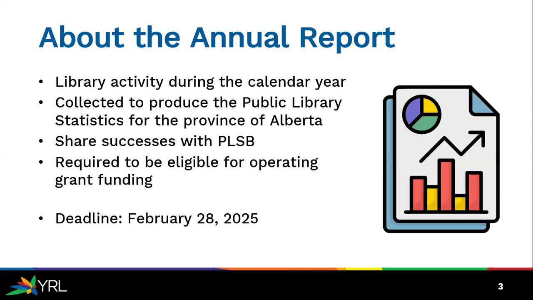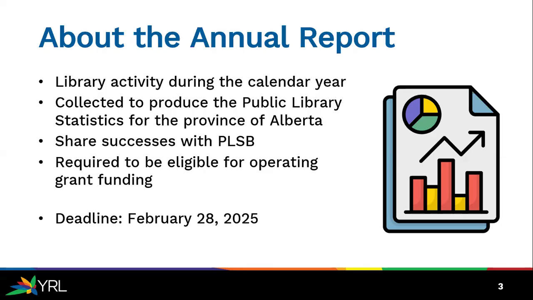So the annual report is a report collected by PLSB every year to get a sense of province-wide library activity during the calendar year. With the data that they collect, they create the public library statistics document for Alberta.